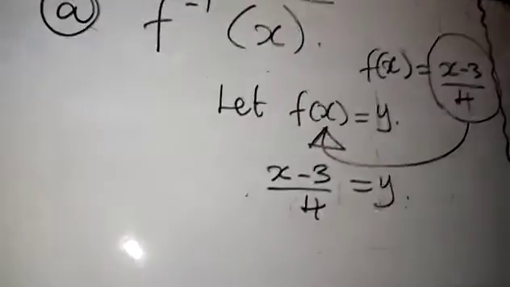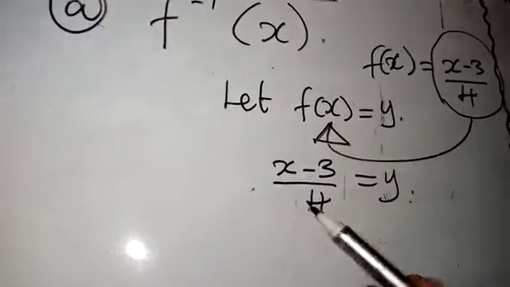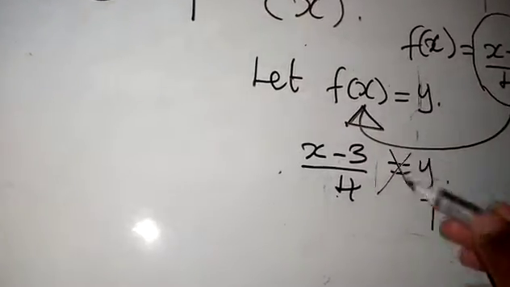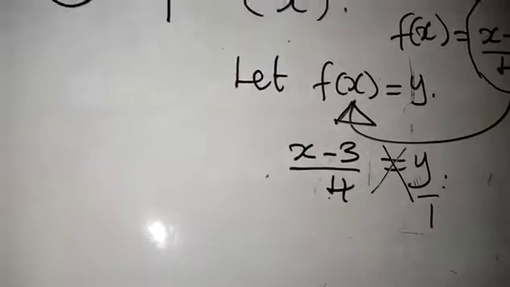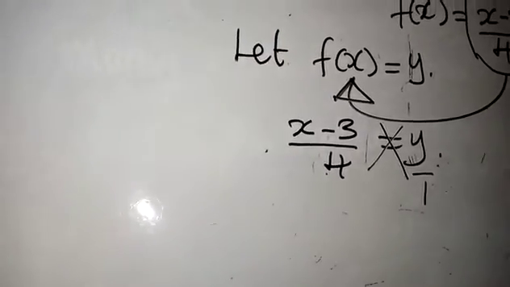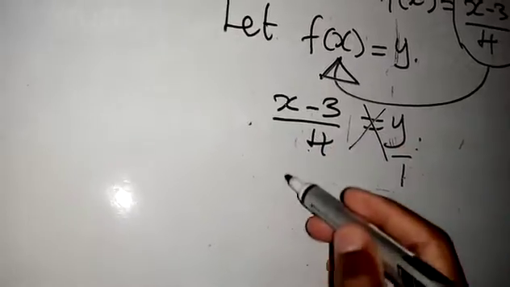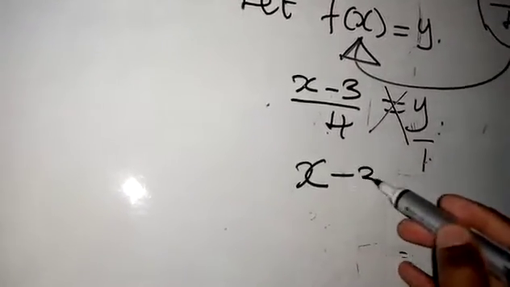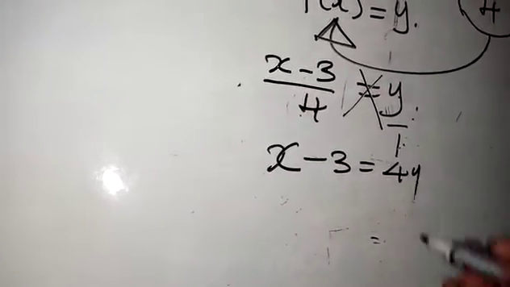In this situation we have a fraction, so we introduce 1 under y. Then we cross and multiply. Remember, we are making x the subject, so we multiply 1 by x so that you get x, 1 by negative 3, then 4 by y, 4y.